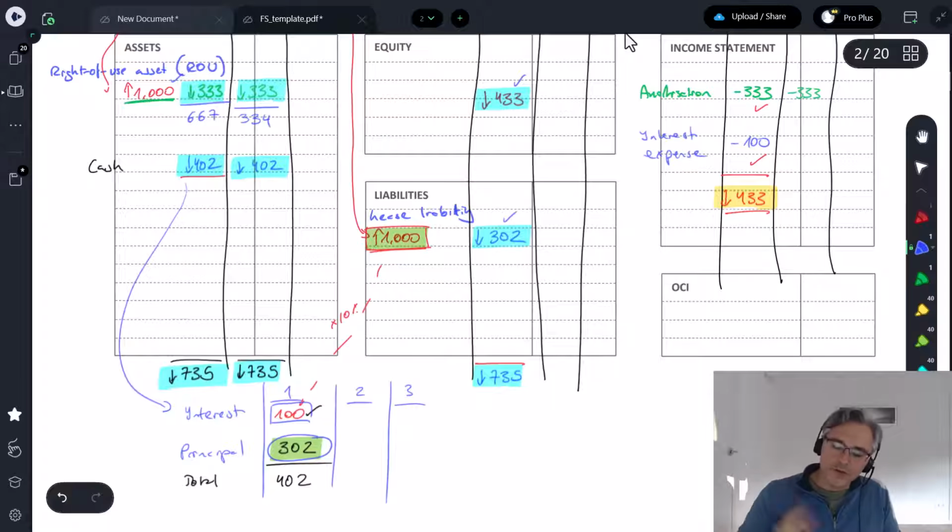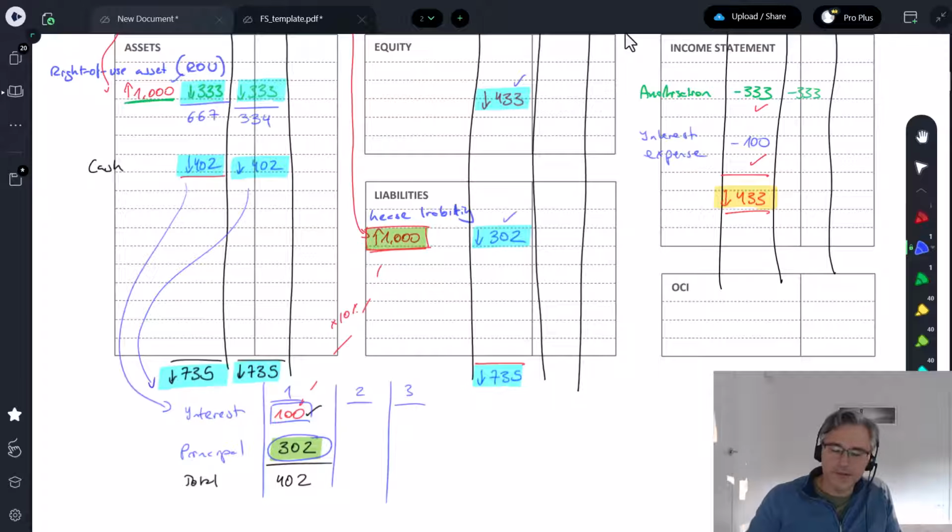But for the second time now, I have to dissect this payment into its hypothetical interest and principal components. Those components are not going to be the same, because the trick is, assume that the interest is charged on the liability that's still left outstanding. And if we assume that at the end of year 1 there was some repayment of the liability, it will have dropped.